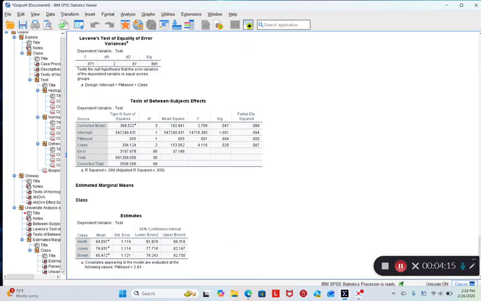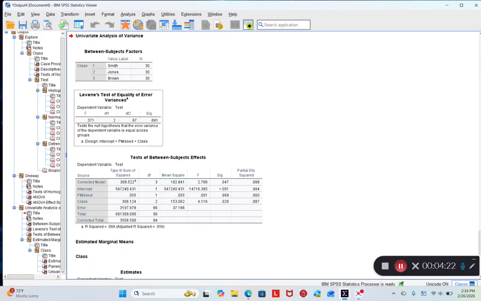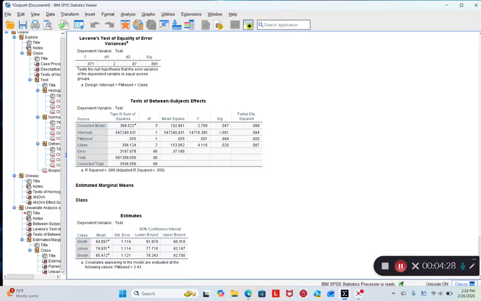Okay, so then we find, here's Smith, Jones, and Brown. Our Levene's test of equality is right here, and our significance is here. Then we come down to our means.